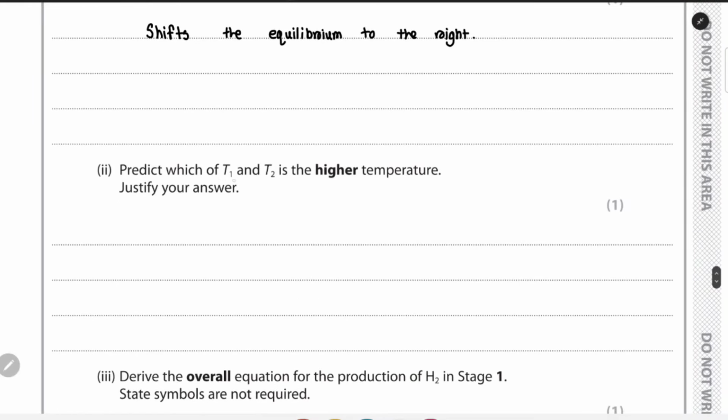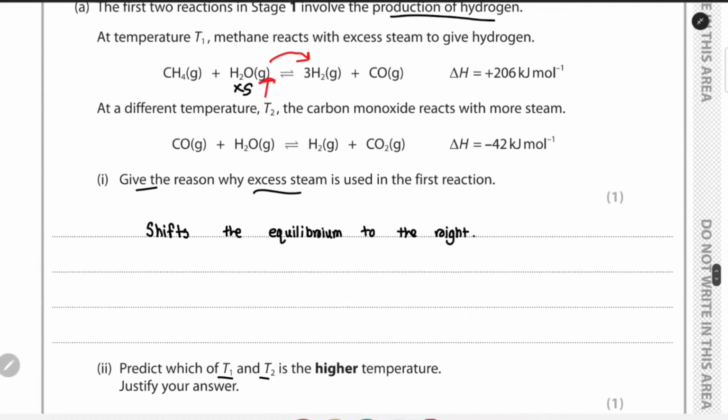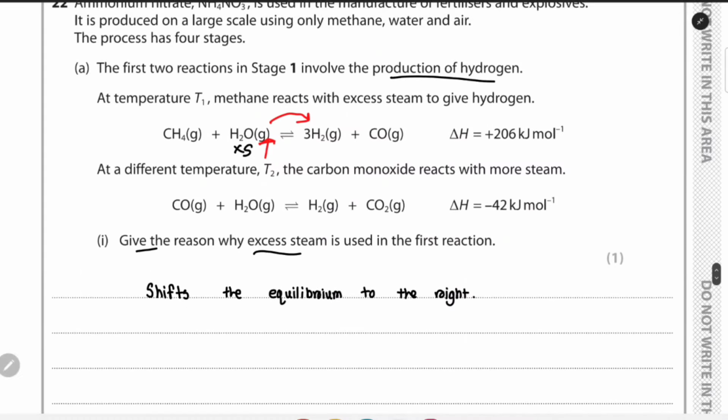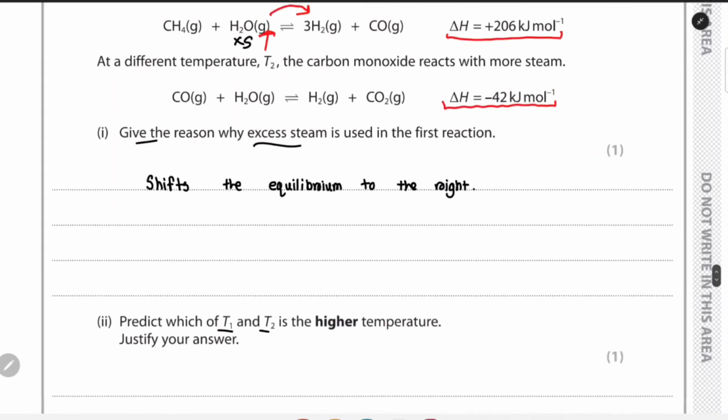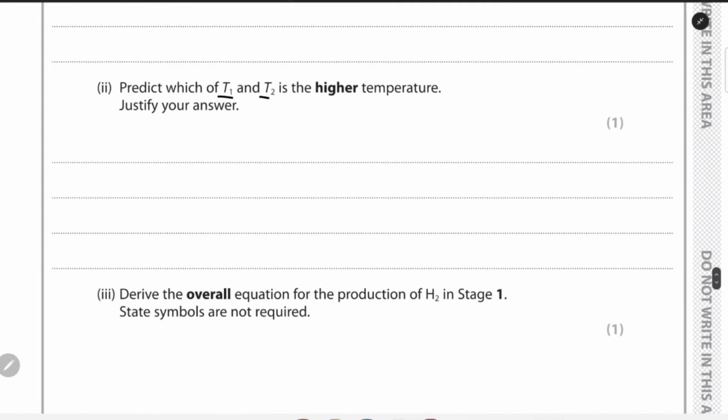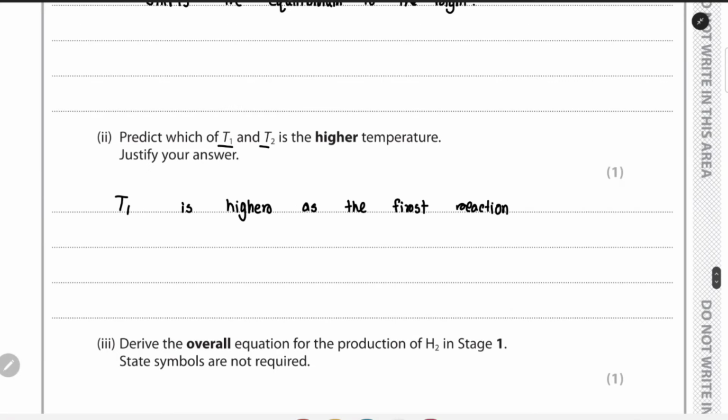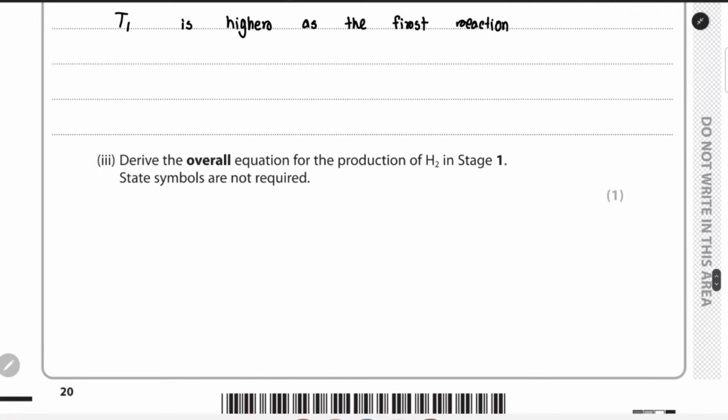Now we have to predict if T1 or T2 is the higher temperature. Over here, if we observe this, we see that the first reaction is endothermic while the second is exothermic. Endothermic reactions are favored when the temperatures are higher, so T1 should be higher over here. Now in part 3, we have to find the overall equation for the production in stage 1.